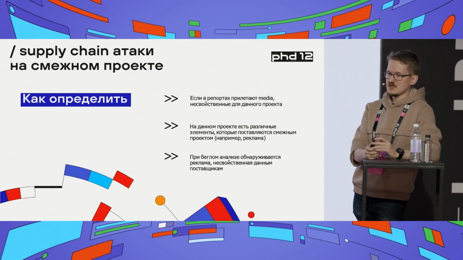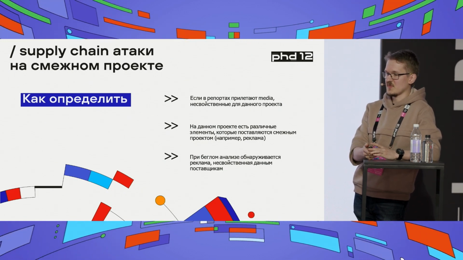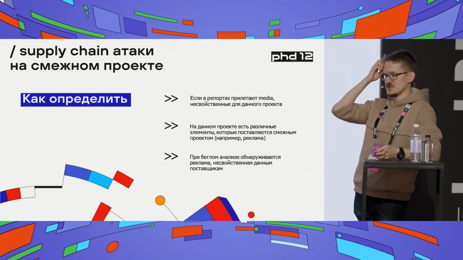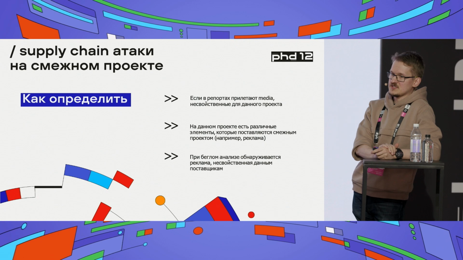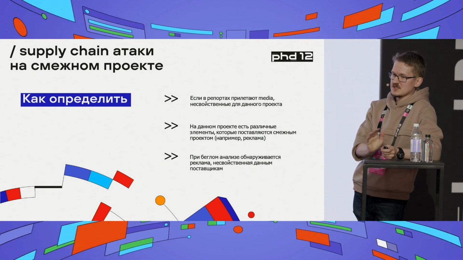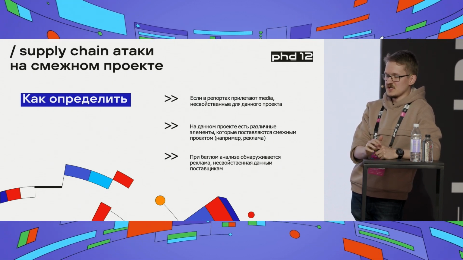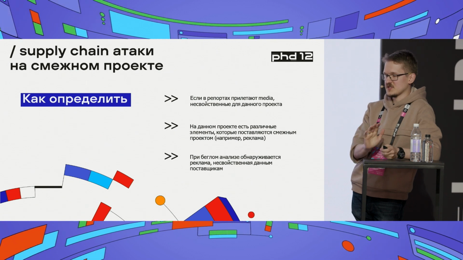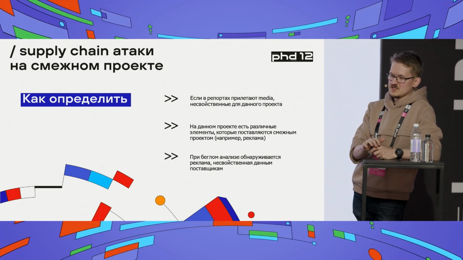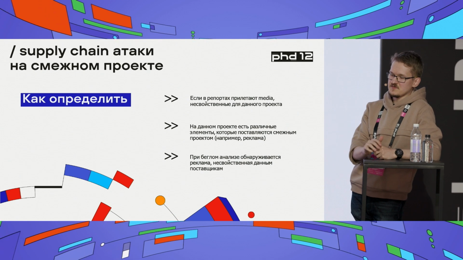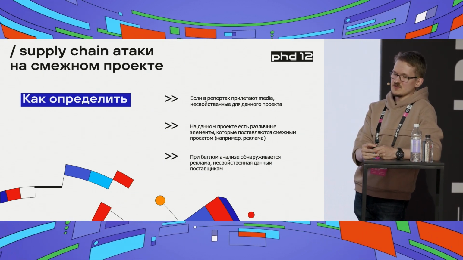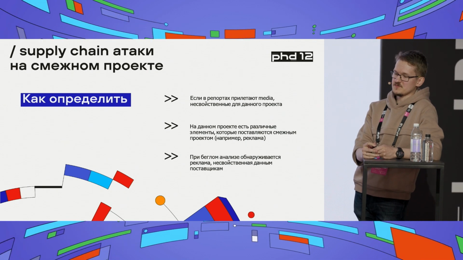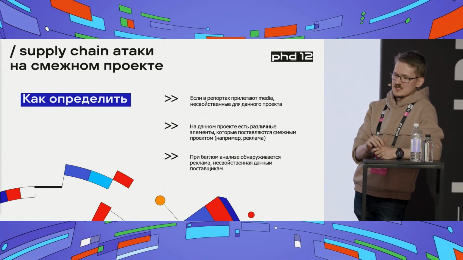Another case, it's supply chain attacks in a corresponding project. For example, in a project you use a CDN which sends a certain set of media like images, commercial information, and you know which exact commercial media should be in place. So this media and only this media are available to you.